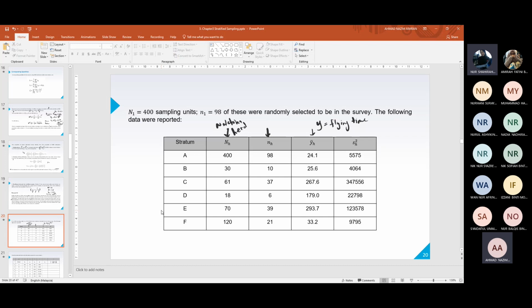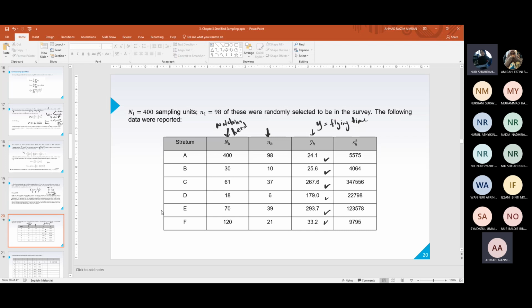Because if you use simple random sampling, you won't be able to know the flying time of Nelchina herd at each stratum. You may only come out with a mean that cannot represent the Nelchina herd at stratum A, because you can only get the mean of all. If you look here, the flying time really differs. It is a big difference between stratum A and stratum E, for example.